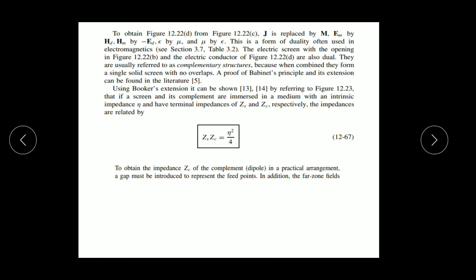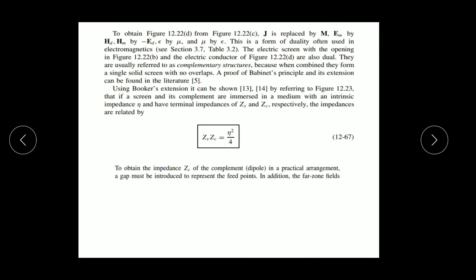So the complementary relation is Z_s times Z_c equal to eta square by 4, where eta represents the intrinsic impedance of the unbounded region.